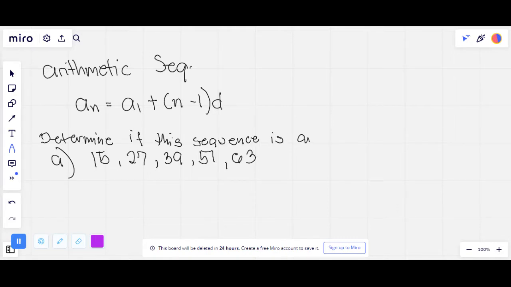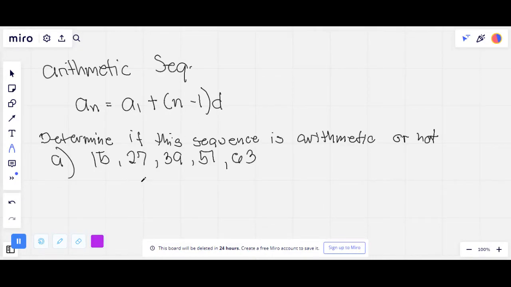To determine this, we're going to get the common difference.